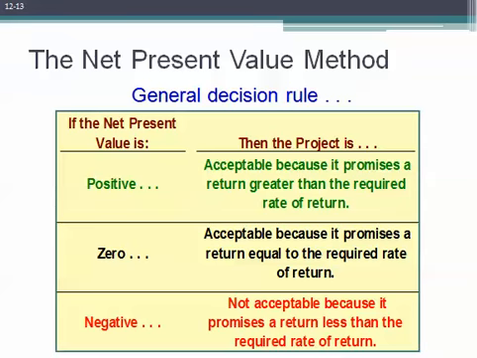If, however, the present value of cash outflows is greater than the present value of cash inflows, then the net present value is negative and we will reject the project because its promised return is less than our required rate of return. If a project has a net present value of 0, we will accept the project because the project's return exactly equals our required rate of return.